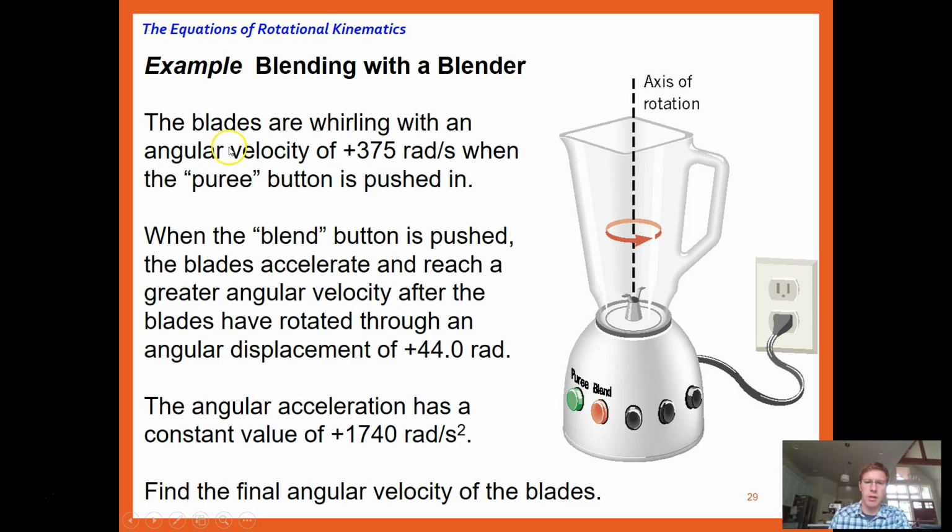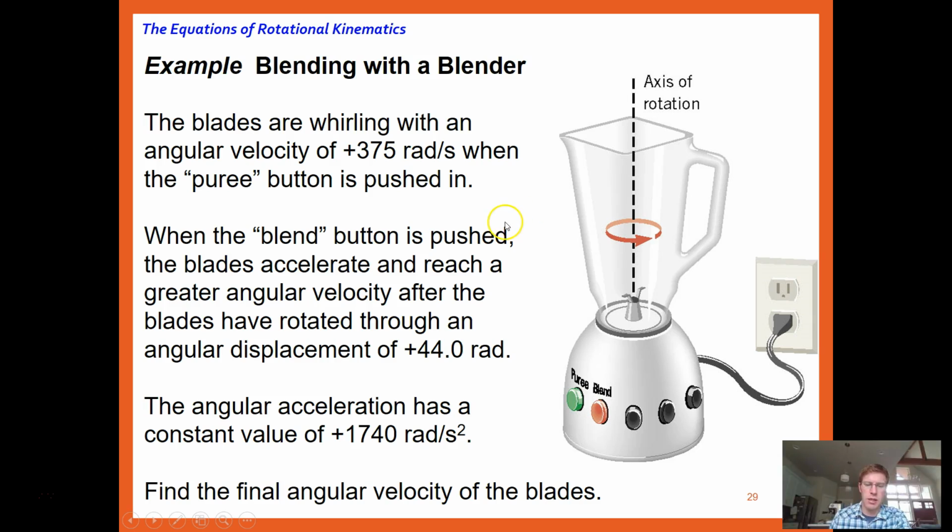Let's say your blades are whirling at the puree setting, and you somehow quantify the angular velocity as being a positive 375 radians per second. You decide you want to pump things up a little bit, and apparently blend is above puree. So you hit the blend button, and the blades accelerate.